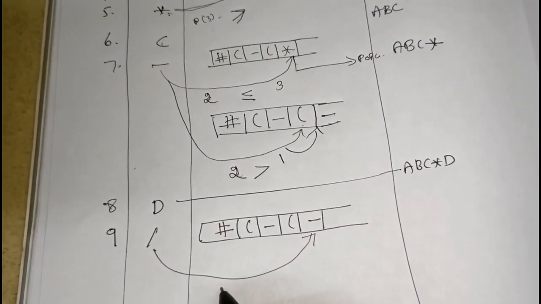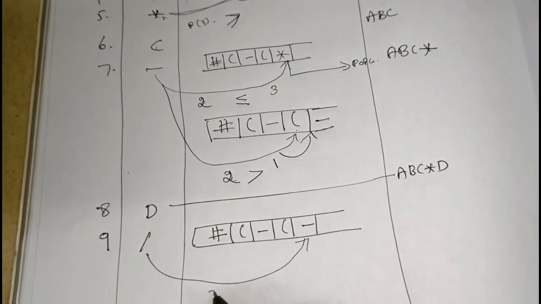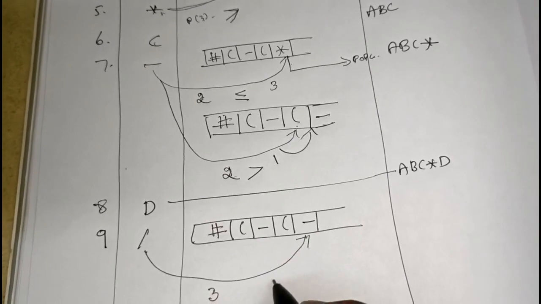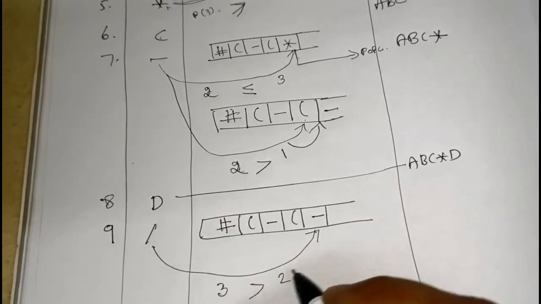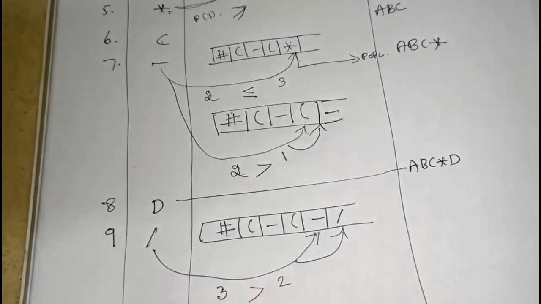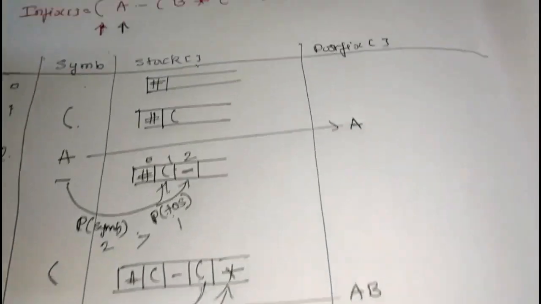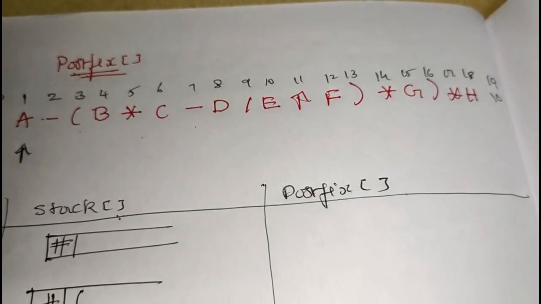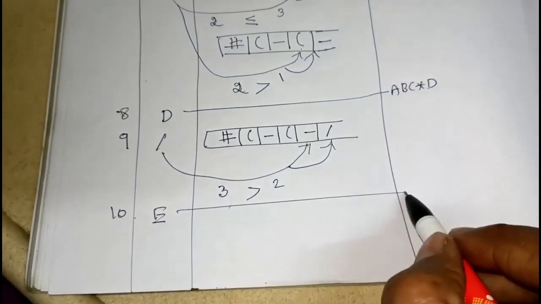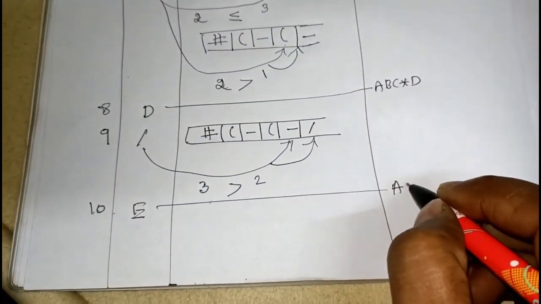So division has definitely 3 and minus has less, that is 2. Definitely it is greater. If it is greater, what I am supposed to do is I'll directly push into the stack. What is the 10th symbol to be encountered? 10th is E. E directly store in postfix.